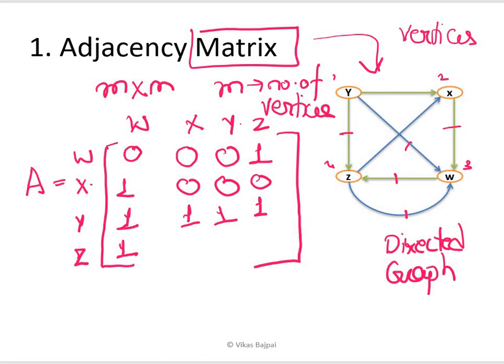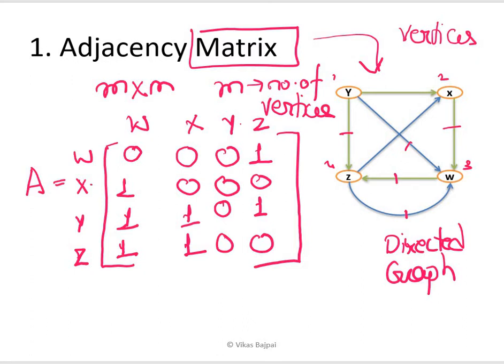From z to x, yes, I have one. From z to y, no, 0. Z to z, no. I can see one error I made: there isn't any arrow from y to y, so this will be 0.